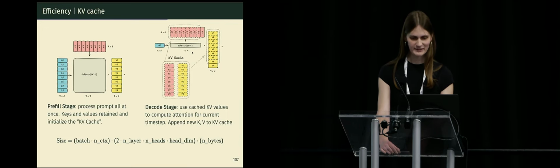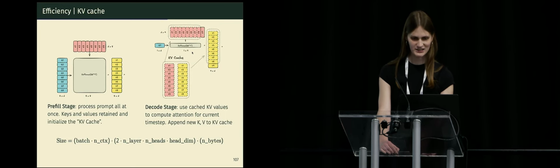Then, when we want to generate a new token from our model after we've already processed the prompt, we perform the decode stage, in which we've retained the key and value vectors from attention of our prompt and the prior generated tokens, and we only have to compute the new query, key, and value vectors for this single new token at once, and perform attention for this new query token.